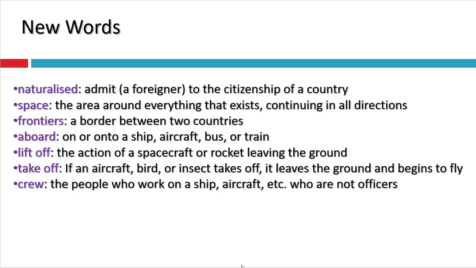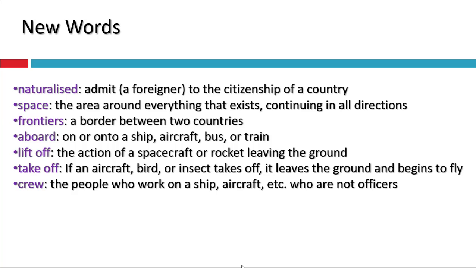Space is the area around everything that exists, continuing in all directions. Frontiers means a border between two countries, like India and China have a border, right? Aboard means on or onto a ship, aircraft, bus, or train.